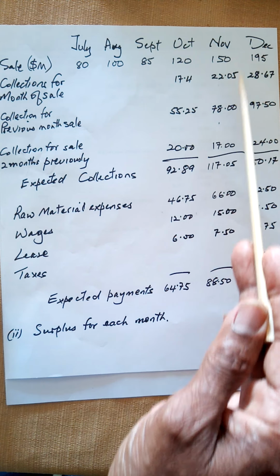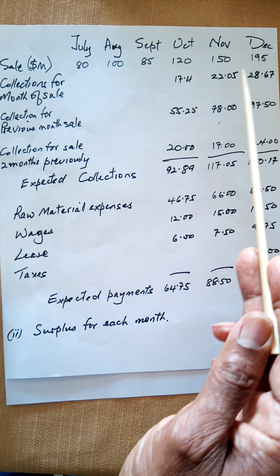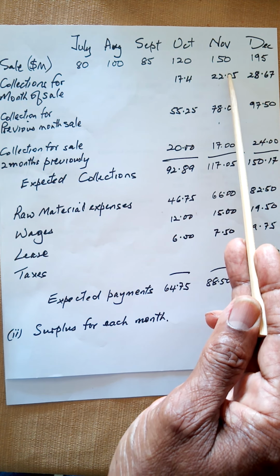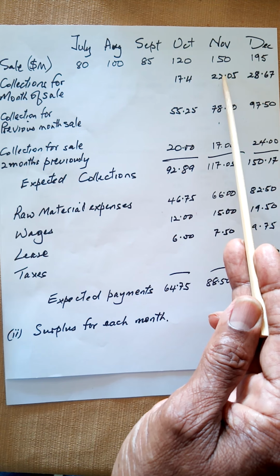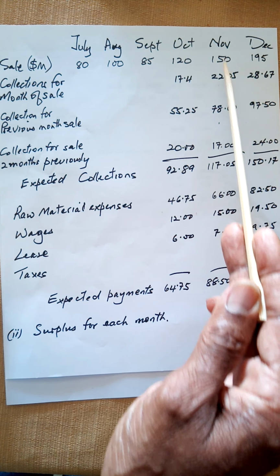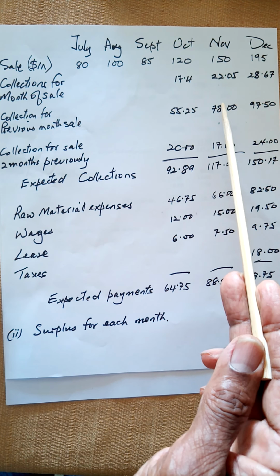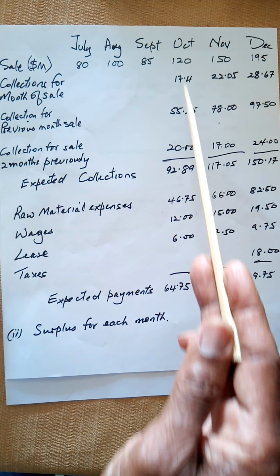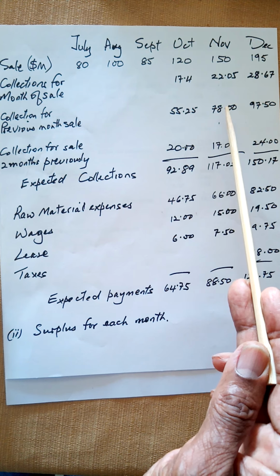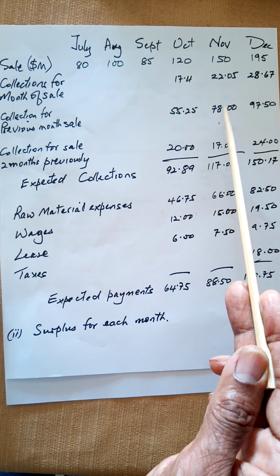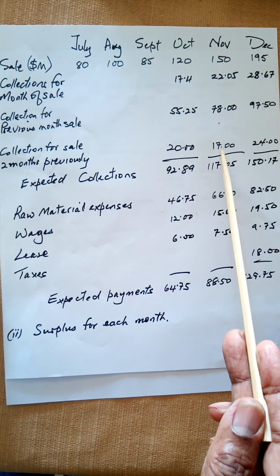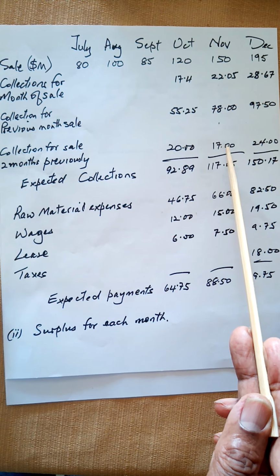And we do the same for November and December. 15% minus 2% is collected from November sales. From December, same thing. In November, we will collect 65% of October's sales and 20% from September's sales.